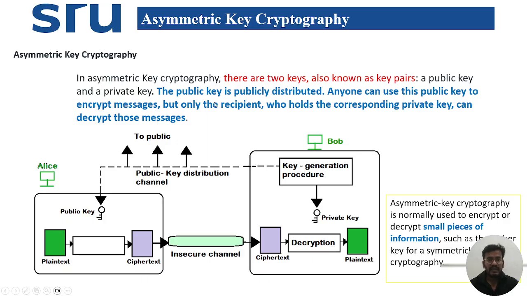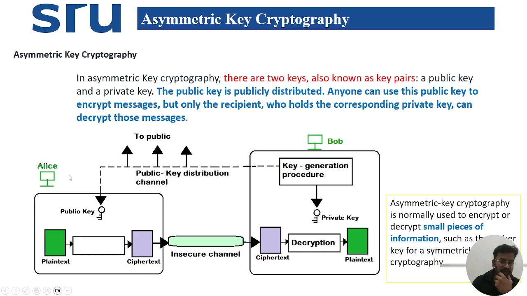The public key is publicly distributed, so anyone can read it. Anyone can use this public key to encrypt messages, but only the recipient who holds the corresponding private key can decrypt the messages.